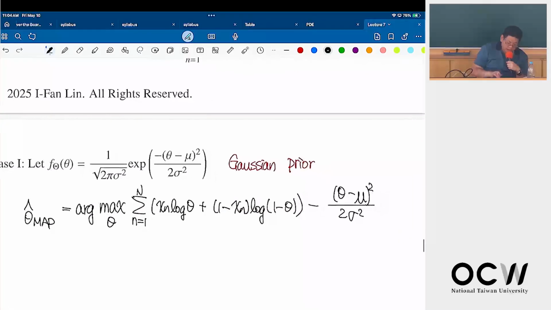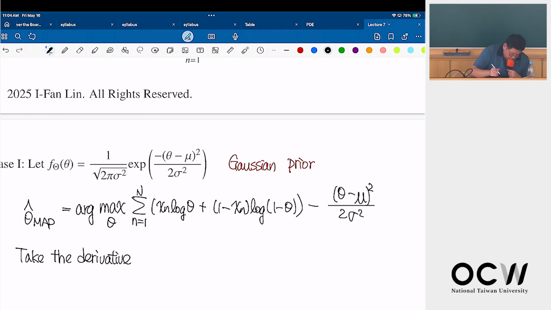Now we can take the derivative and set it to 0.